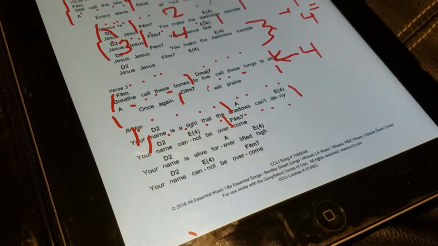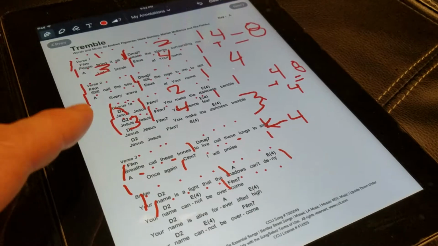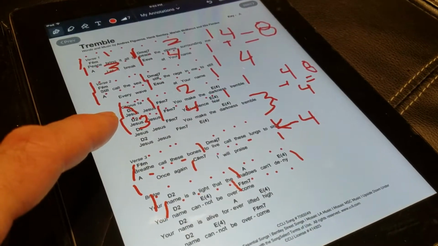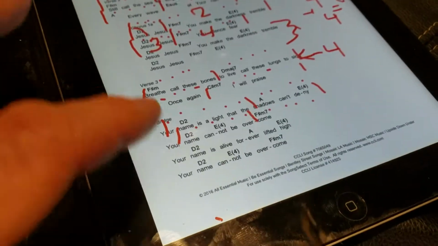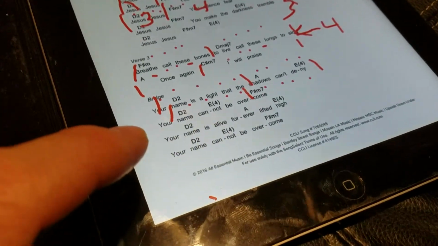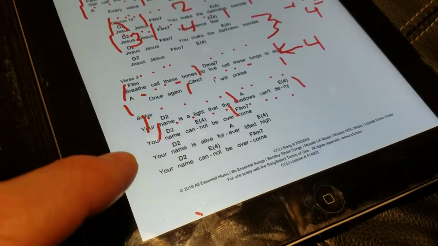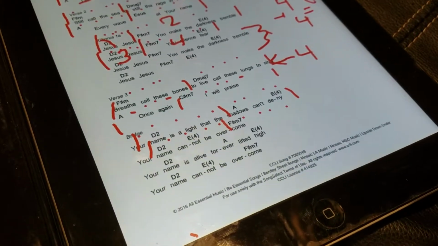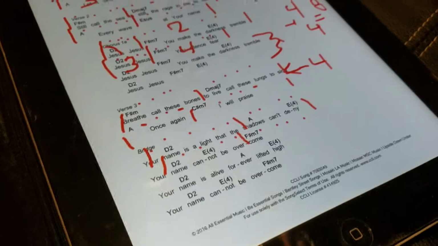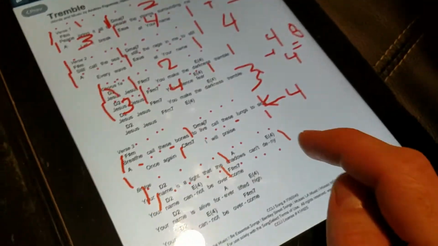So it's the same pattern yet again, very similar to the chorus, where we had two 4-bar things that were exactly the same. So we need to have 4 bars.